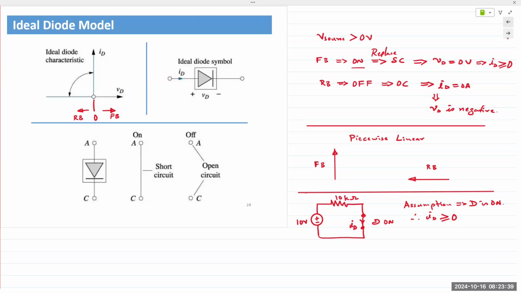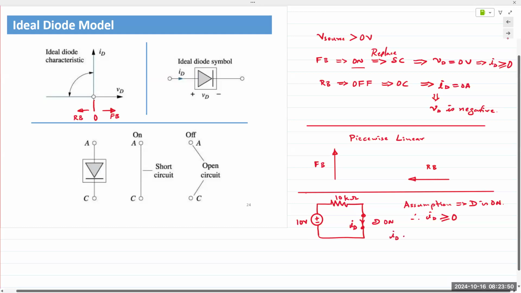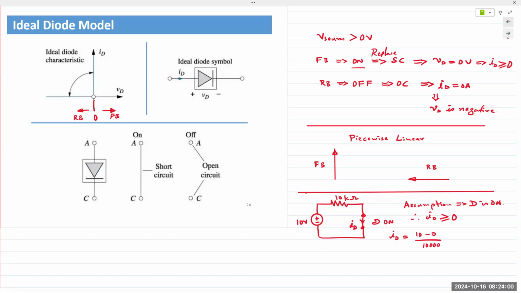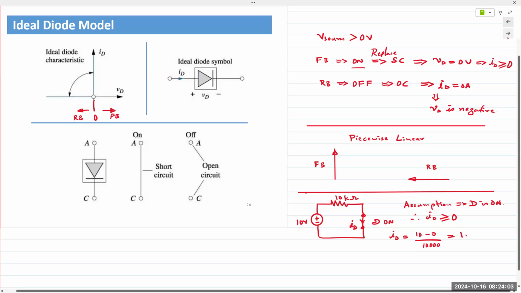So if we analyze this circuit right here, a simple circuit with a voltage source and a resistor, apply Ohm's law, and we obtain ID is equal to 10 volts minus 0 volts divided by 10,000, which gives me 1 milliamp.